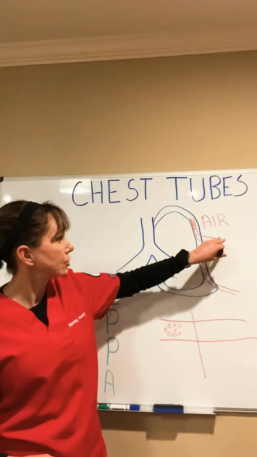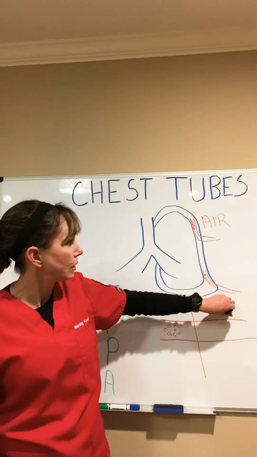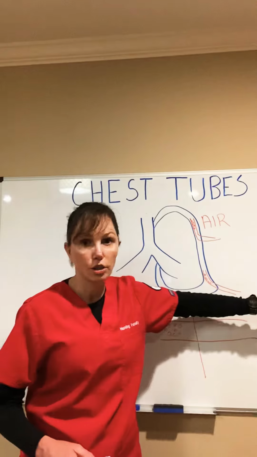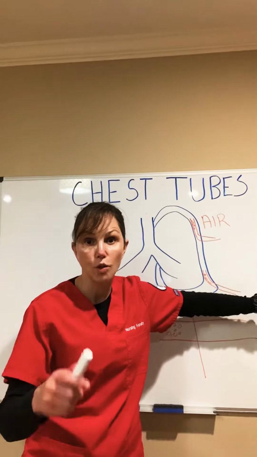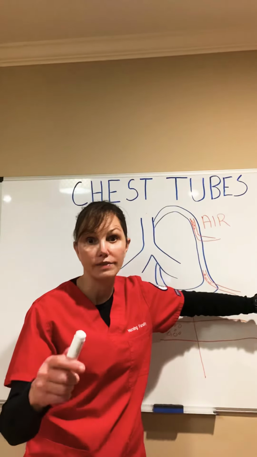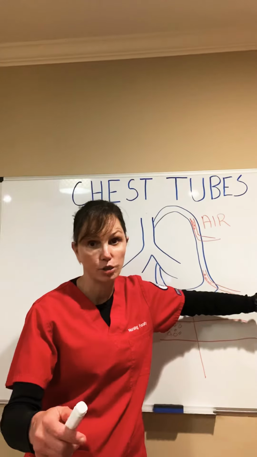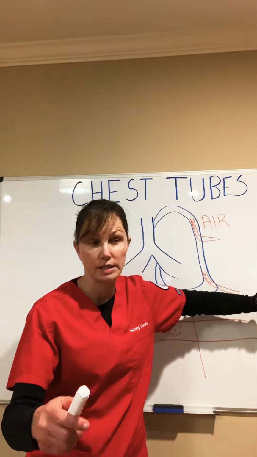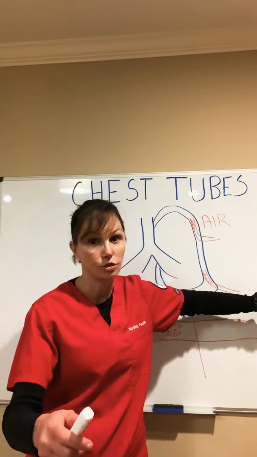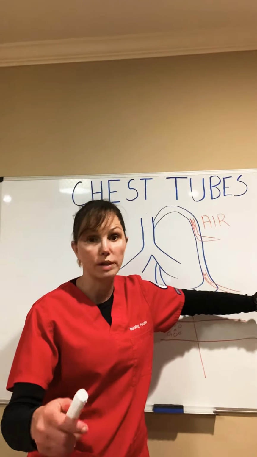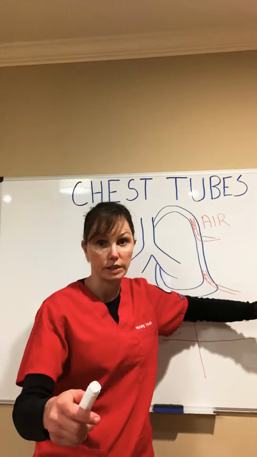Now, no matter if it's draining air or fluid, when this gets connected to the closed drainage system, you always want it below the level of the chest, okay? And make sure there are no dependent loops in that tubing. That is a big pet peeve of mine, because then the fluid is not going to drain properly, and you don't want them to develop clots, definitely, okay?